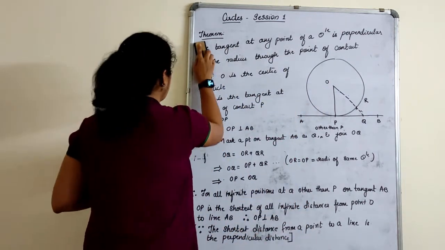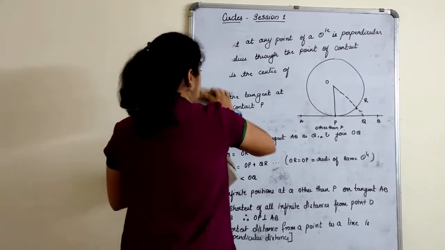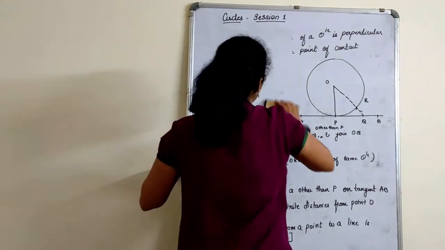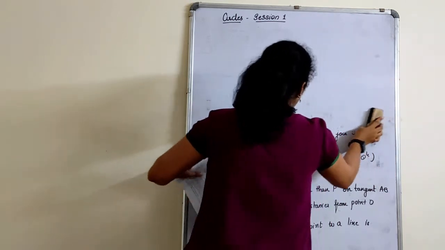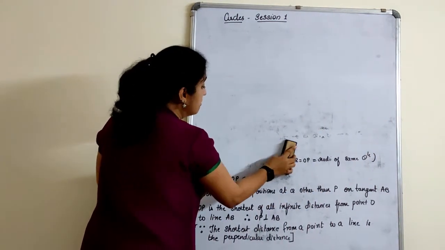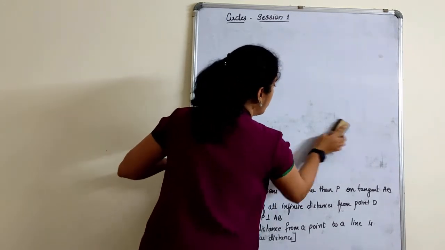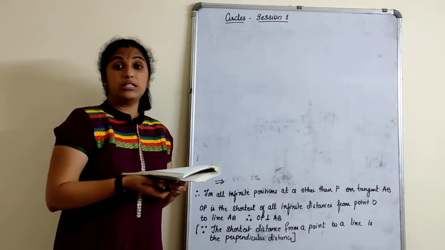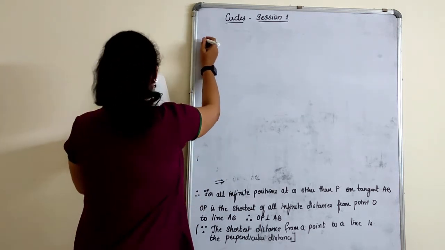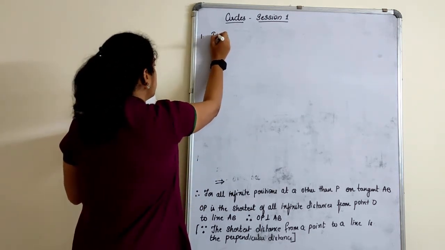Now that's a question. So first we'll finish this. Then I will also give you some more points about tangents to a circle depending on how many circles are there, one circle or two circles. Now for this first one, how many tangents can a circle have? Infinite.